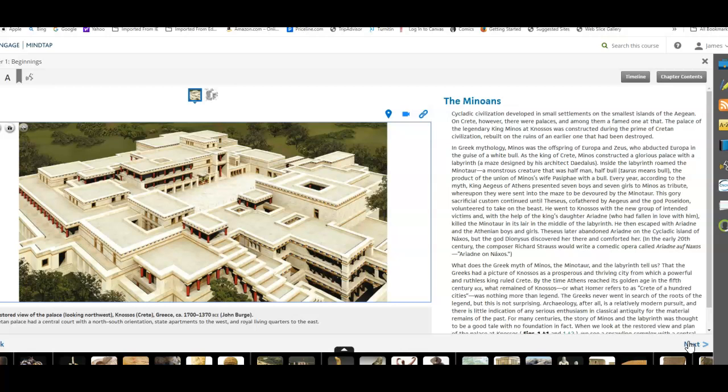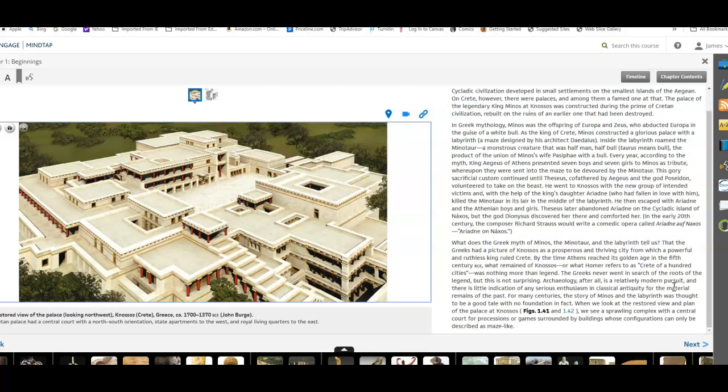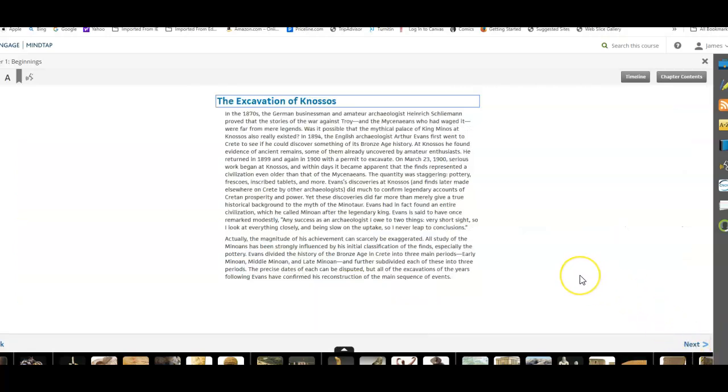The Minoan culture is called Minoan after King Minos of Greek legend. The individual who really worked with this culture, finding it and doing the excavation, named it such. That was Arthur Evans.